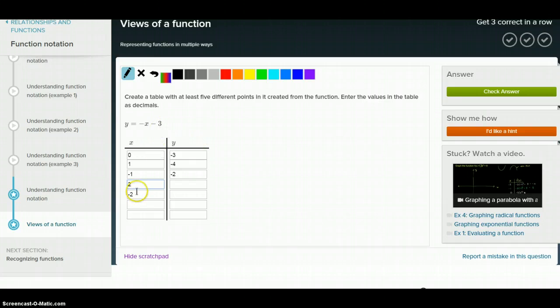And then we have 2, so negative 2 minus 3 is negative 5. And then negative 2, so negative negative 2 is 2, minus 3 is negative 1.